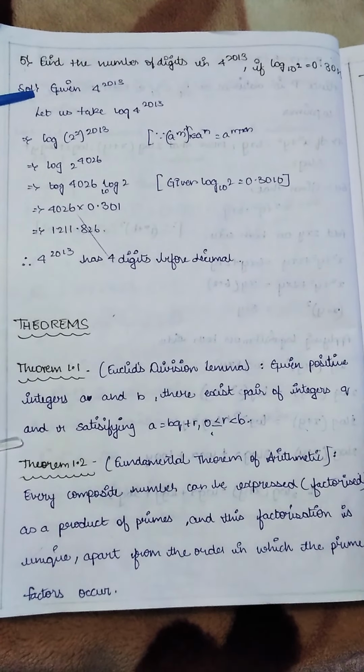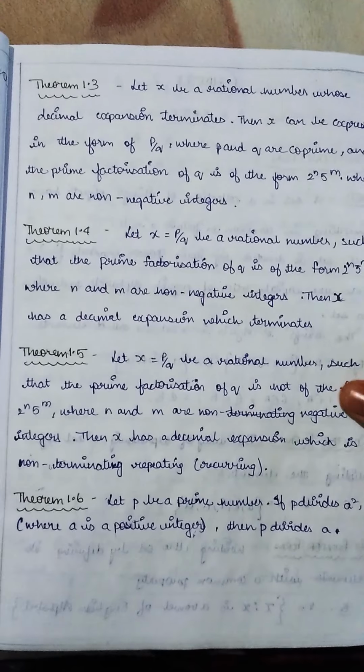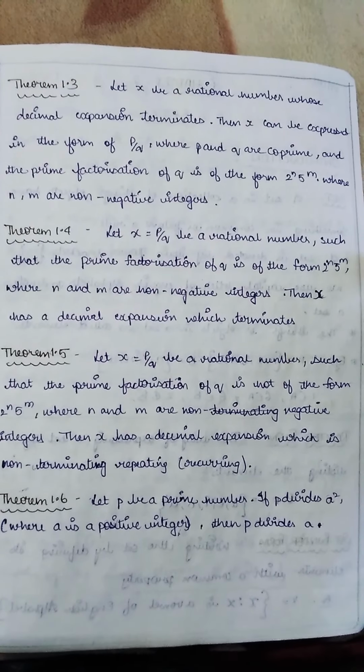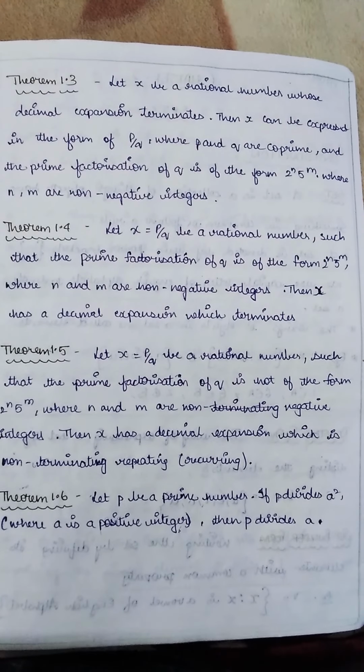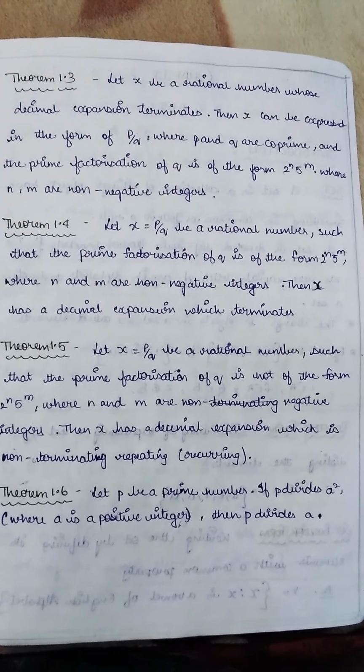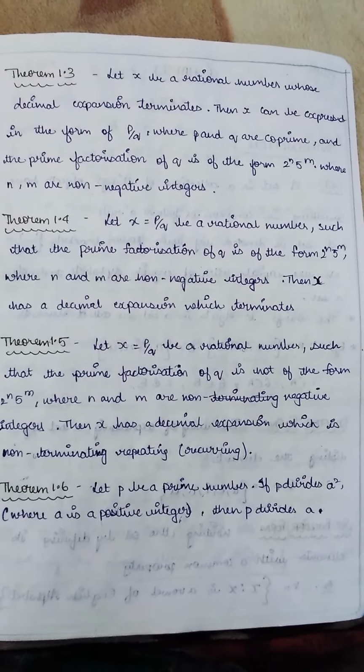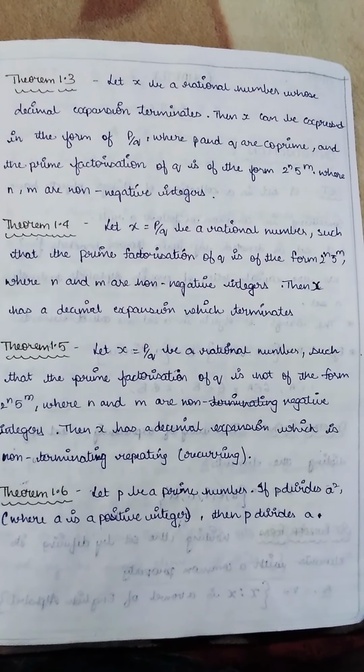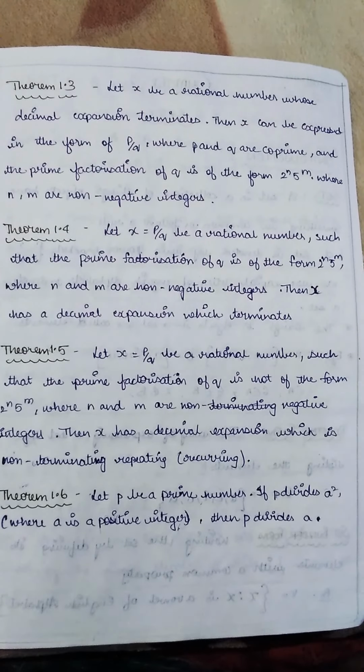This is theorem 1.2. And coming to theorem 1.3, let x be a rational number whose decimal expansion terminates, then x can be expressed in the form p by q, where p and q are co-primes, and the prime factorization of q is of the form 2 power n into 5 power m, where n and m are non-negative integers.